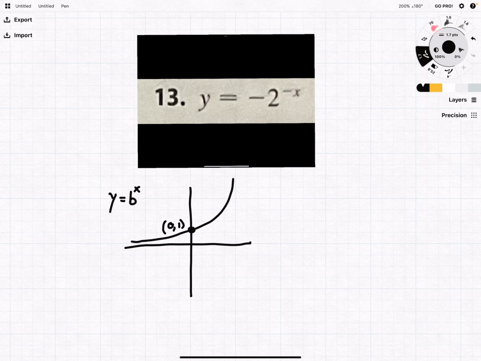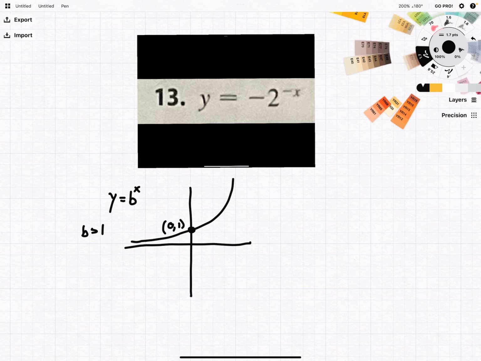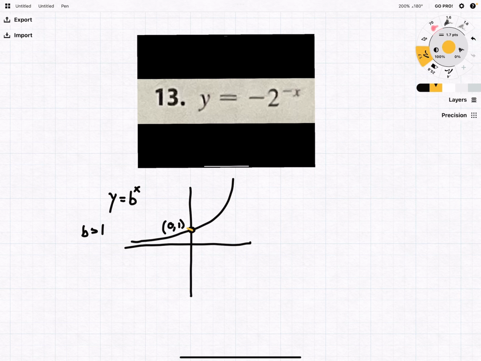This is true when b is greater than 1. 0, 1 is also the intercept if b is less than 1, it's usually something like this, and that's going to be b less than 1 and greater than 0. But anyways, there's all sorts of criteria, but in general, b to the x looks like that graph in black.